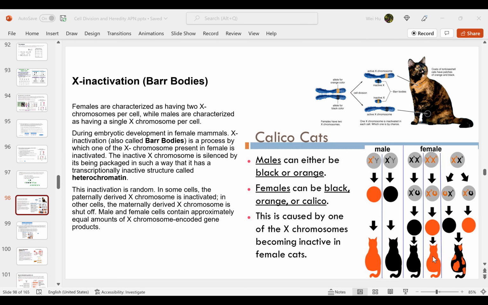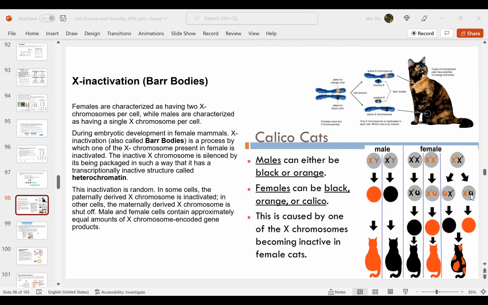The complicated case occurs here, where you have one orange and one black. Then one of them will be inactive. For instance, here the black X is working and the orange is not working. So you can see they will show black because the orange is not working here.